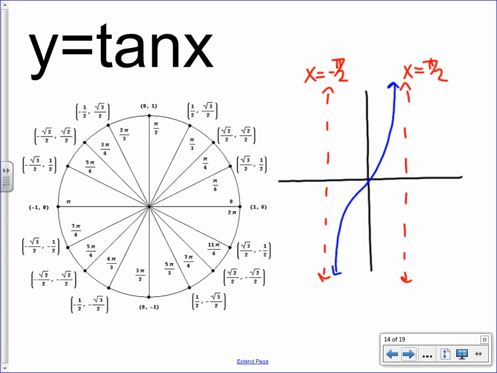Pi. The distance between each of my asymptotes is pi. So tangent, we say, has a period of pi. I'm going to stop here.